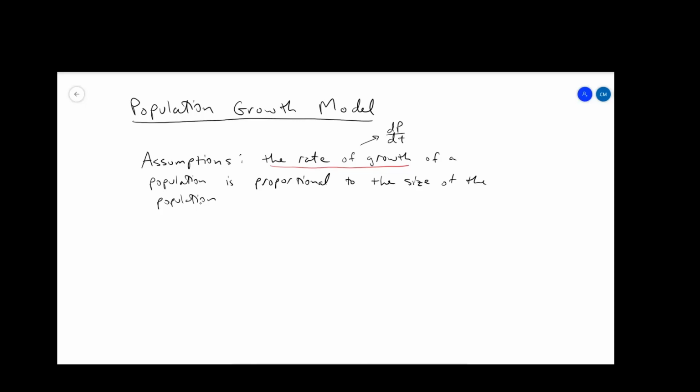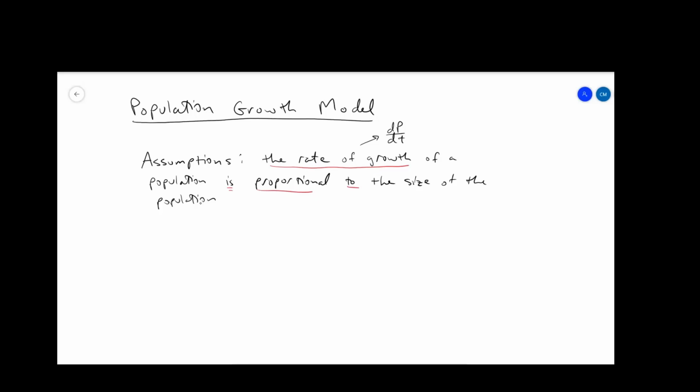Again, if you kind of think back to your intermediate algebra or college algebra, translating stuff into mathematical equations, "is" means equals. Is proportional to, what does that mean? Well, that introduces a constant of proportionality, okay?